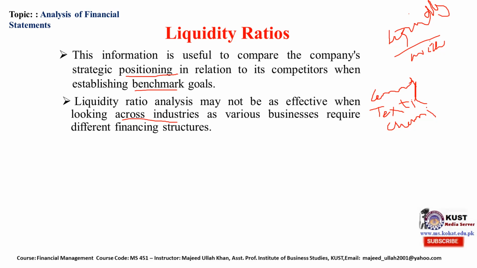So it will not be helpful to compare the liquidity ratio of a cement company with textile companies, because they have different needs, different suppliers, different customers, different account receivable collection periods, and different regulations.